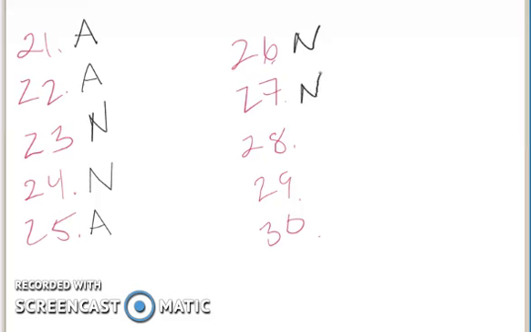That is never true. 28, a trapezoid has the same pair of opposite sides parallel and congruent. And that's going to be never true. 29, a rhombus is a parallelogram. Always true. And 30, a rectangle is a square. Never true.